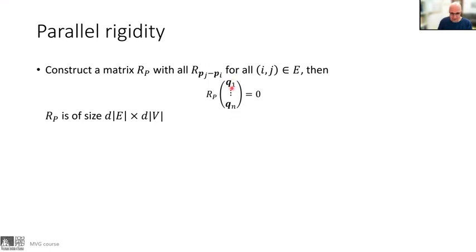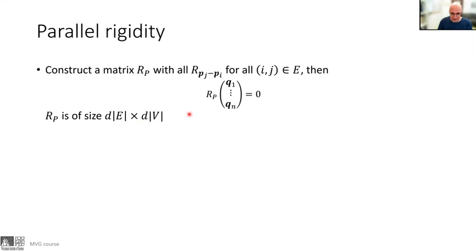So the size of this vector is d times the number of nodes. This means that R_P has d times the number of nodes columns. How many rows do we have?